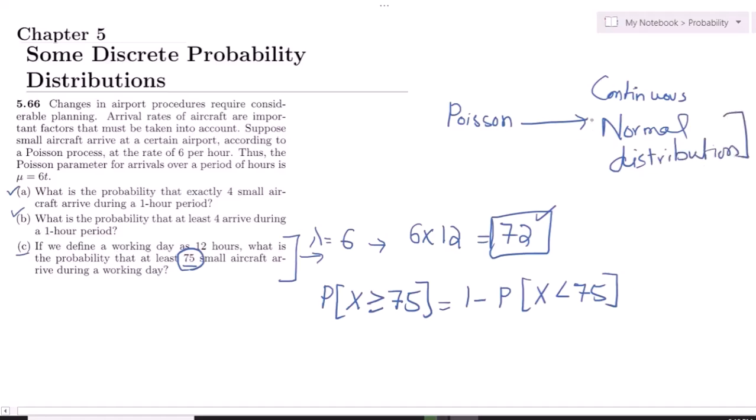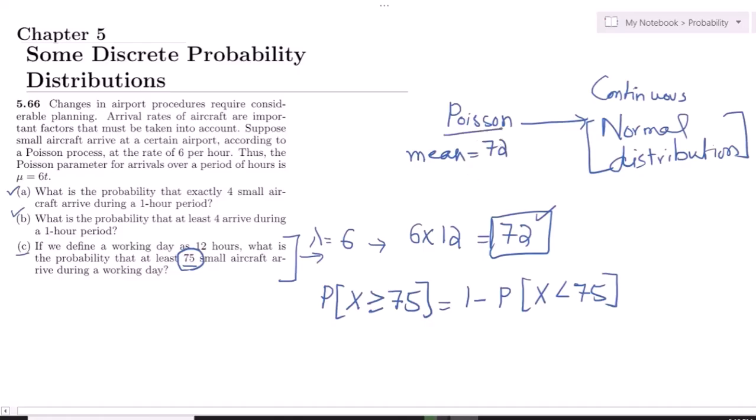As this is a Poisson problem, but due to the very huge number of lambda and the limit of the probability, we have to move to the normal distribution, but the mean will remain the same, and the mean would be 72.